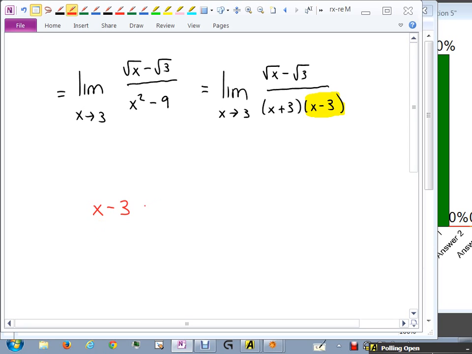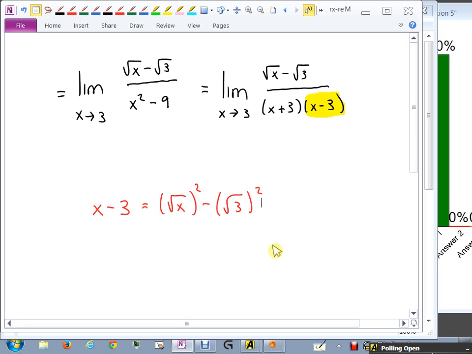I argue that that's the same as the square root of x squared minus the square root of 3 squared. Now, you would never want to do that because it looks more complicated than it started, right? But do you agree that if you take the square root of x and square it, you get x? Do you agree that if you take the square root of 3 and square it, you get 3?